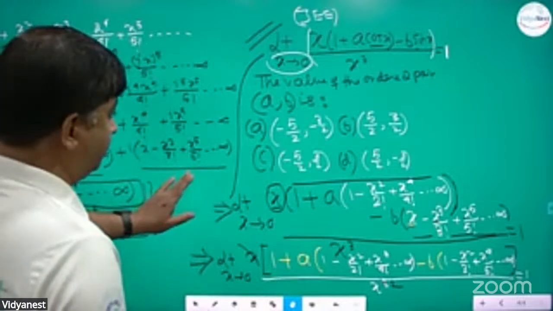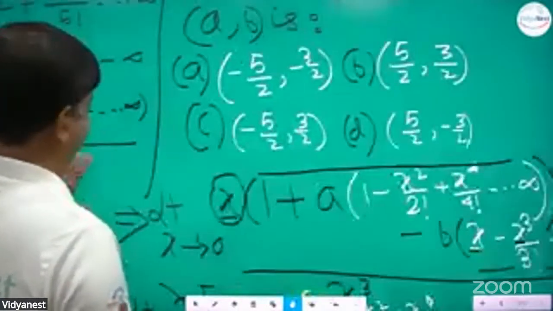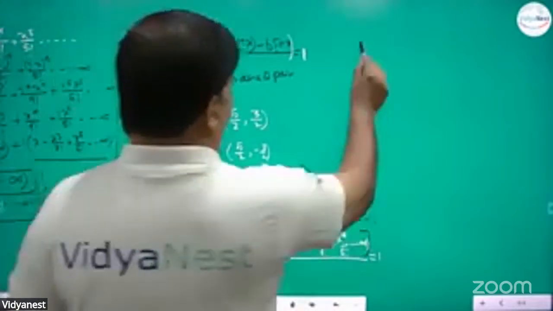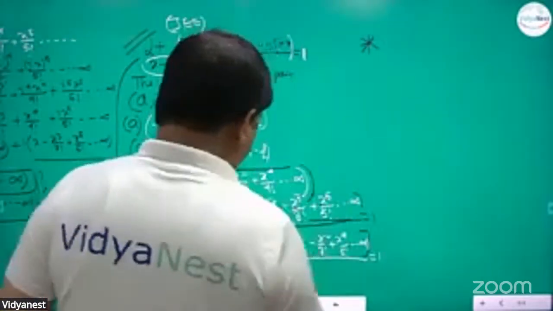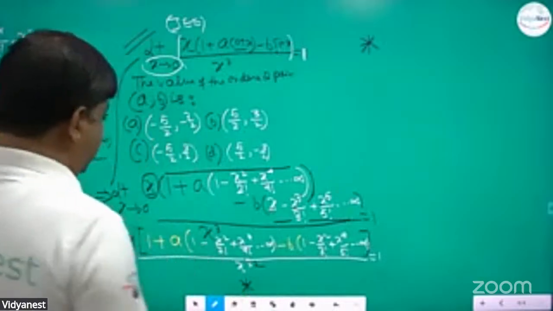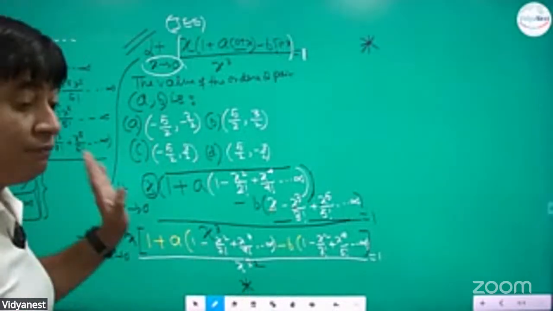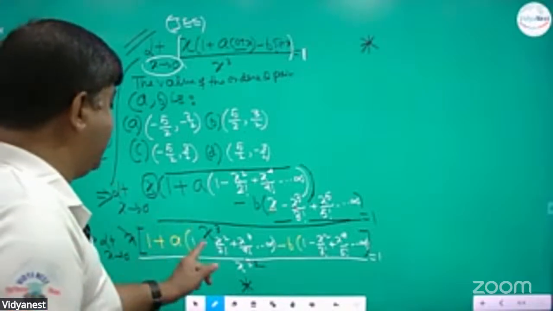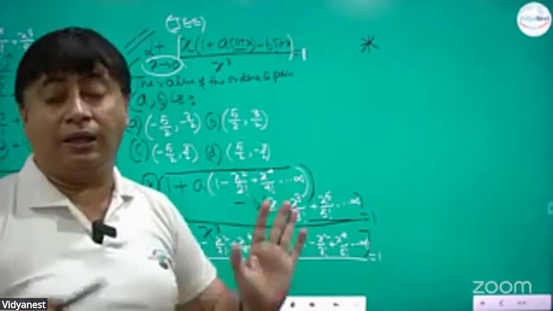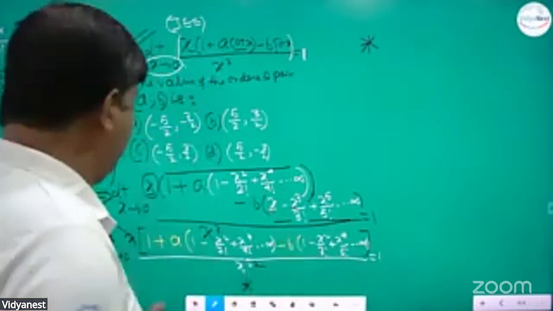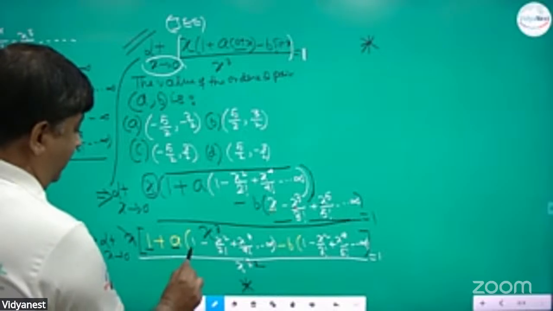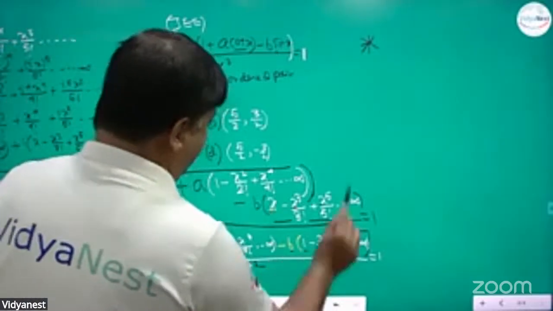Now, instead of going to the next page, let us skip here. After this stage, what will be our motto? You separate the term which is not involving x. Where x is not involved, 1, a into 1 minus b into 1.